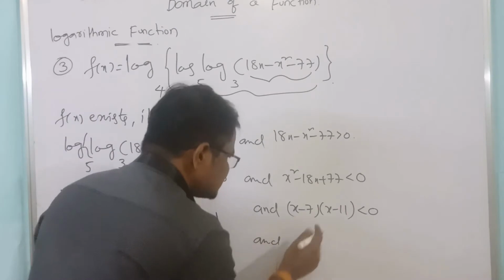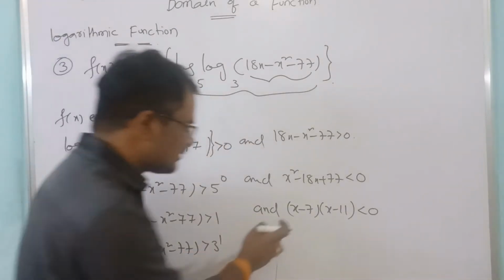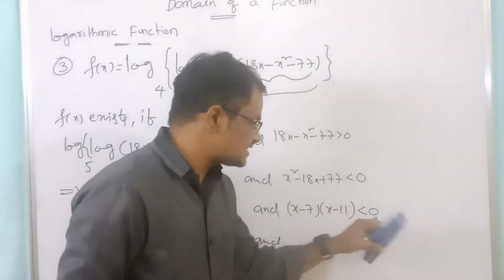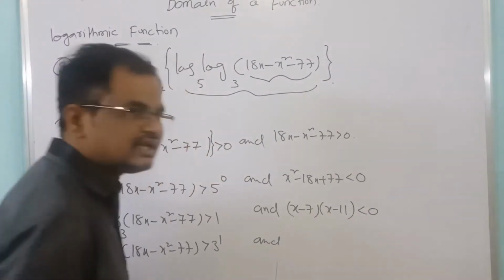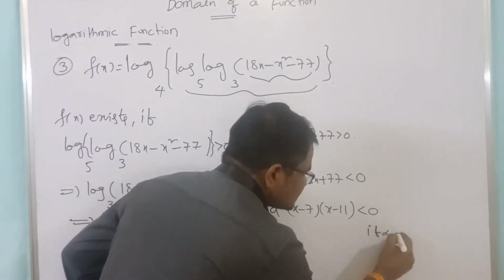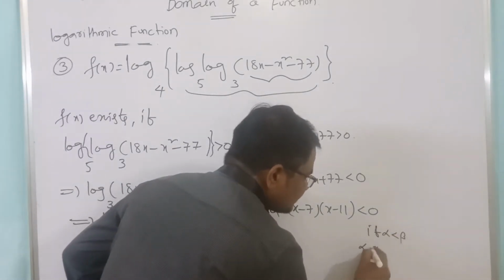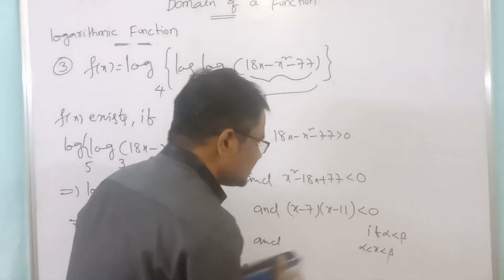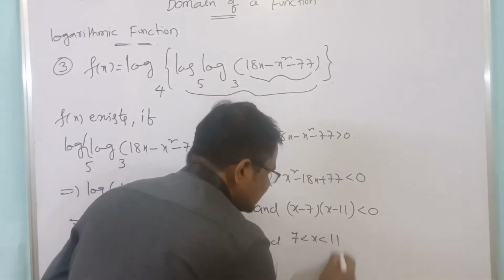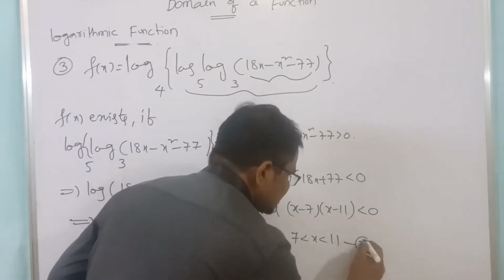And this can be written, if you take a real number line, so what we will get? Otherwise we know that x minus alpha, x minus beta less than 0 means, if alpha less than beta, alpha less than x less than beta. By that condition, how to write? 7 less than x less than 11. So take this as equation number 2.